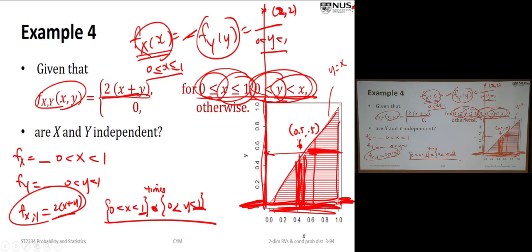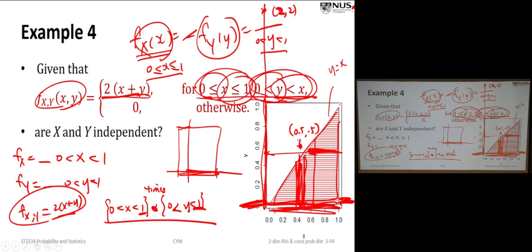All right. So to make it so it's like this. If f of x is defined over this region and f of y is defined over this region, so this is the product space.